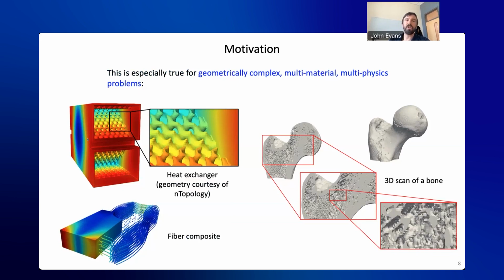And this is the case for geometrically complex, multi-material, multi-physics problems, such as shown here, a heat exchanger. This was actually a geometry courtesy of Interpolation, which has really been investigating topology optimization approaches as of late and looking at really interesting designs. You can think of fiber composite structures where you have a fiber composite layout in a matrix, or biological structures such as a bone.